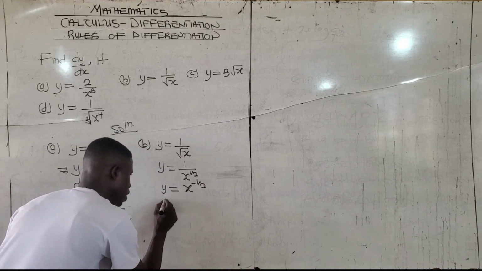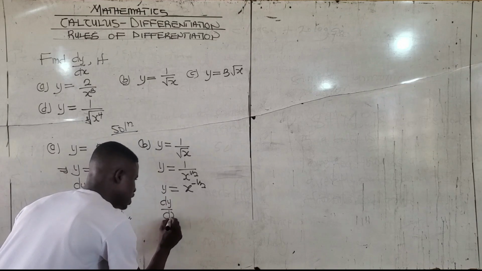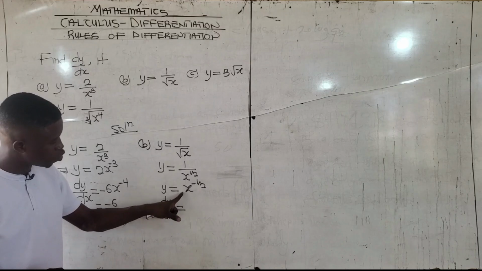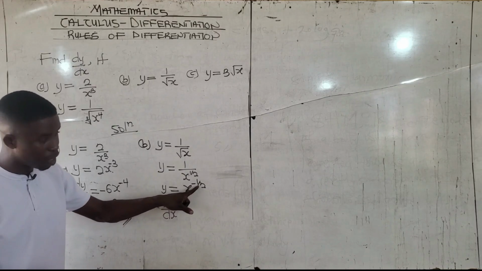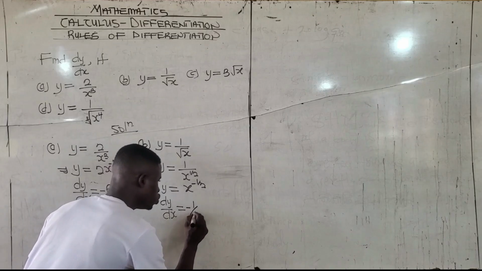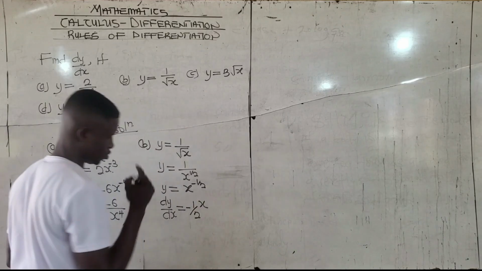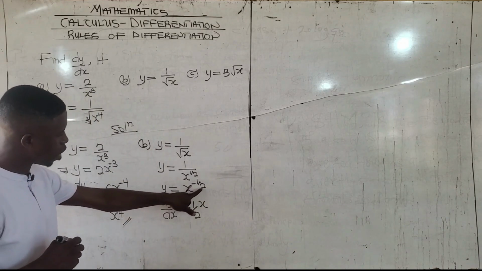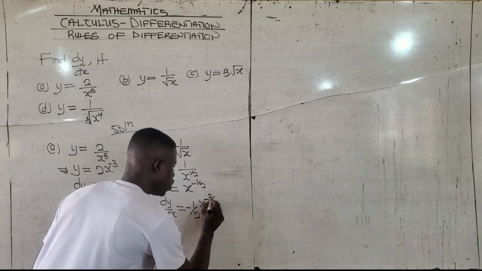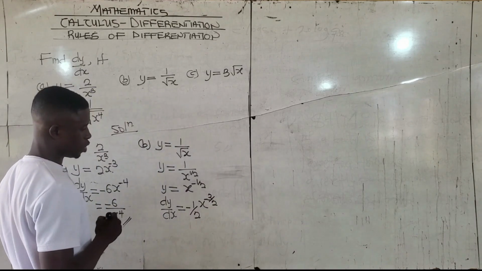So in this case, my dy over dx equals, the coefficient of this x here is 1. So this negative 1 on 2 multiplies the 1. So we are going to have negative 1 on 2 x. Then negative 1 on 2 minus 1 will give us negative 3 on 2. Okay?